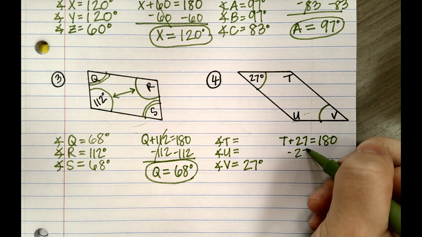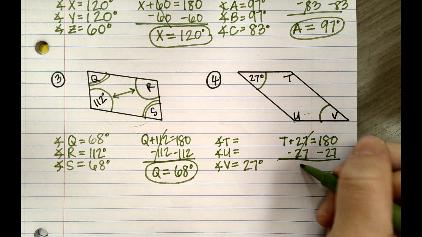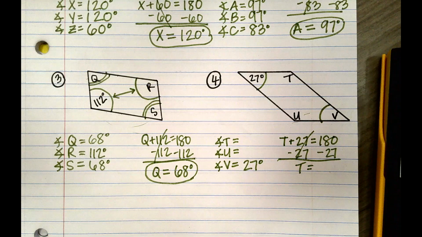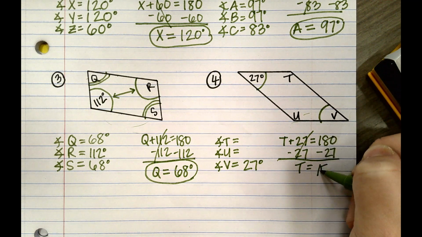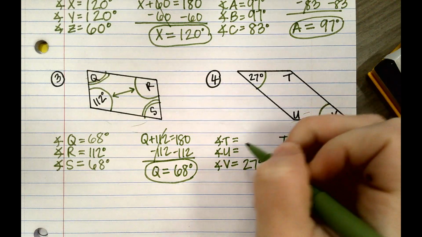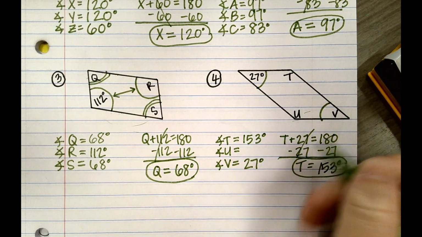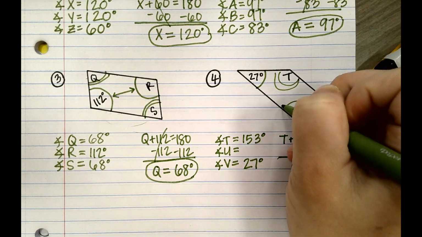We'll subtract that 27 and get T equals, let's see, I got 153. Will anybody confirm that? Okay, good. So angle T is 153. And of course, angle U is equal to that because they're opposite.